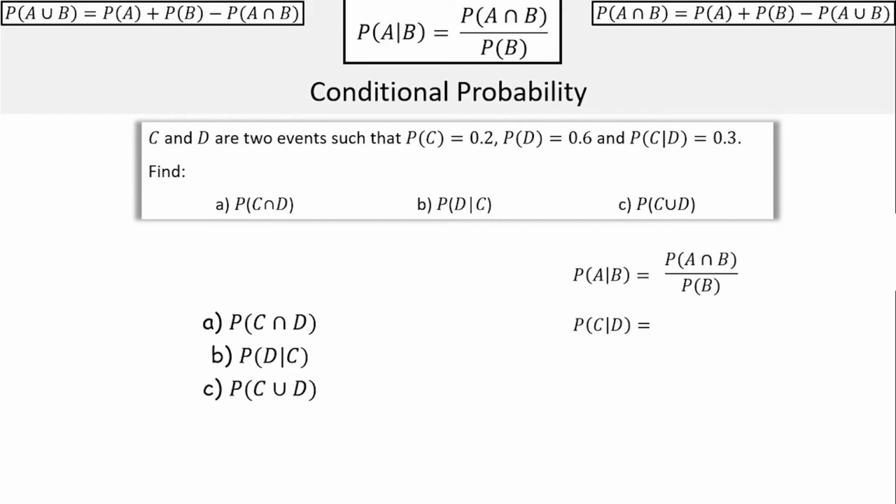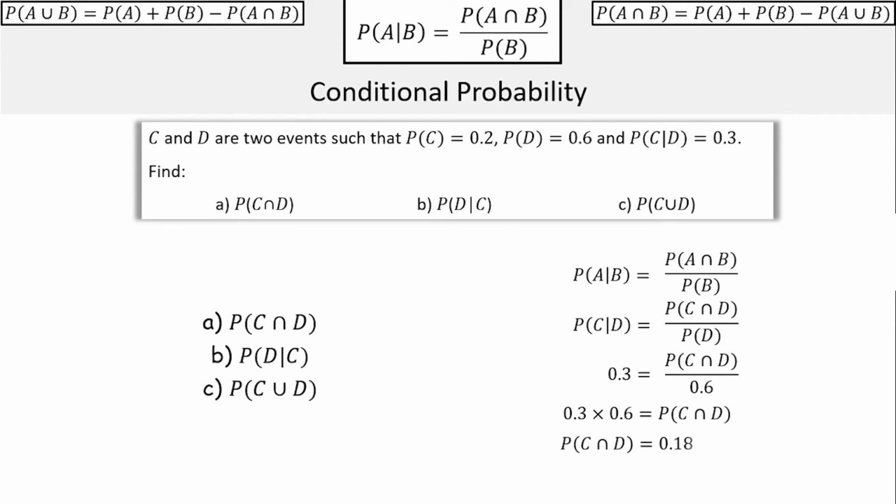So the probability of C given D is the intersection of C and D over the probability of D. I'm going to substitute into here and then rearrange afterwards. So the two probabilities that we know can go straight in, a quick rearrangement, and we know 0.3 times 0.6 is going to give us 0.18 for that intersection.